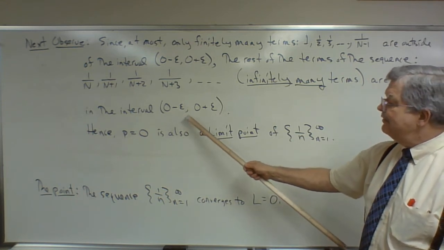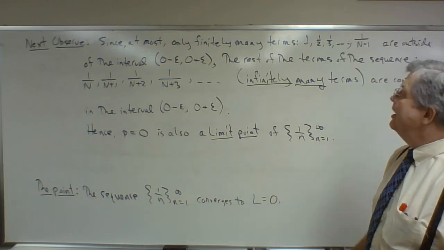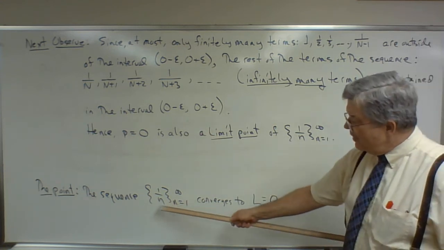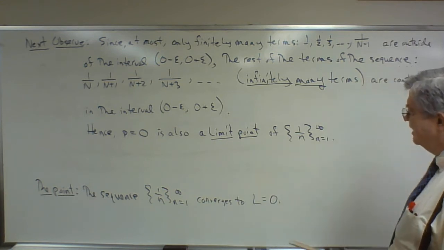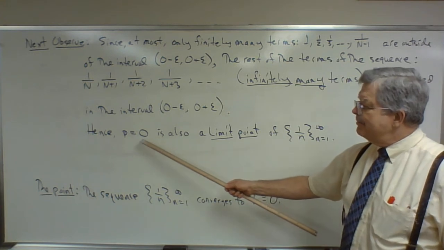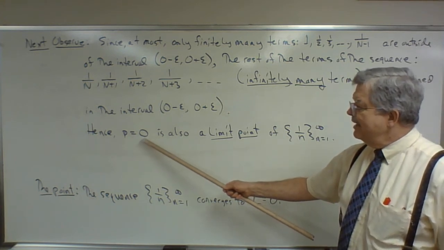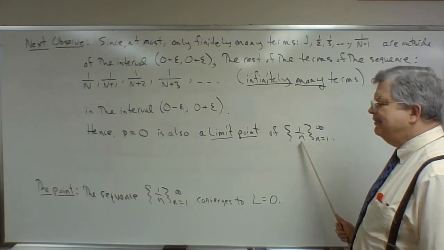So, this interval contains infinitely many terms of the sequence 1 over n. Which means that if we let p equal 0, then p is also a limit point of this sequence.